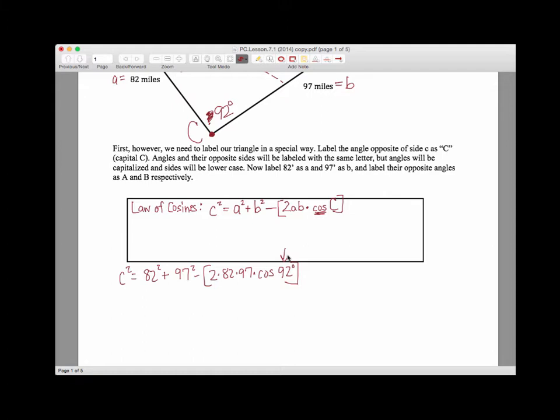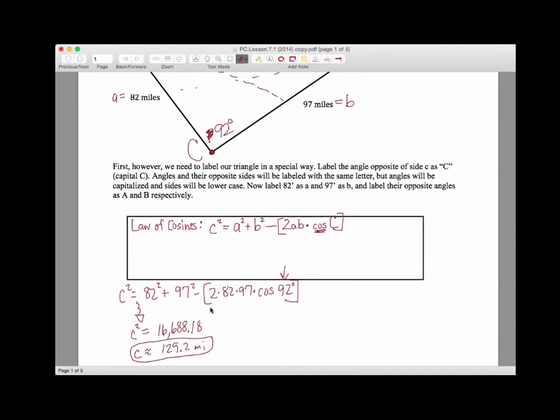Since we're solving for side c, we always want to end with angle C. So if you trust me on my work here, c squared is going to equal 16,688 and a little bit. And then if we take the square root of both sides, we get c is approximately 129.2 miles.